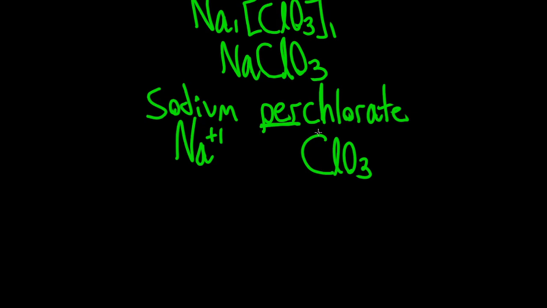So instead of the 3, I'm going to have a 4 there. I'm going to have one more oxygen than my base state, and my charge stays the same, so I'm going to have -1 there.